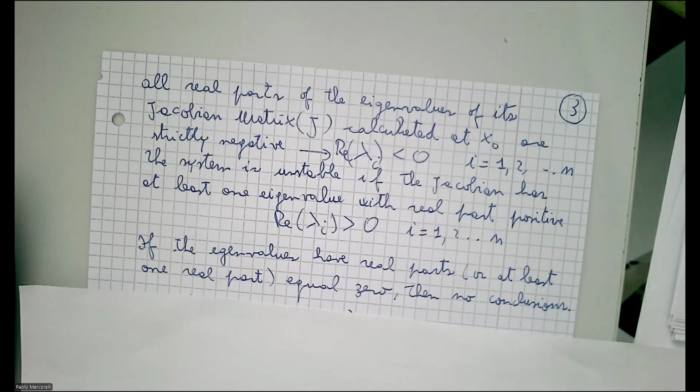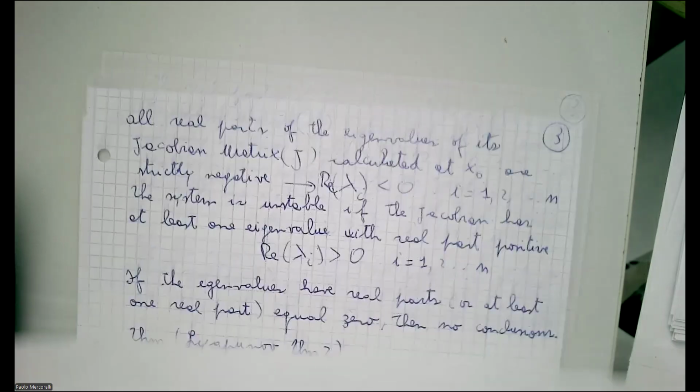I don't know if it's clear what I am doing. I am approximating the system. We use the Taylor expansion, basically, and this can give us information about the original nonlinear system just locally, because the idea is to use the Taylor expansion, which is a local representation based on the derivative.